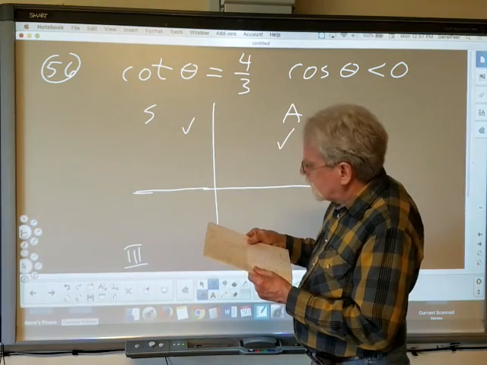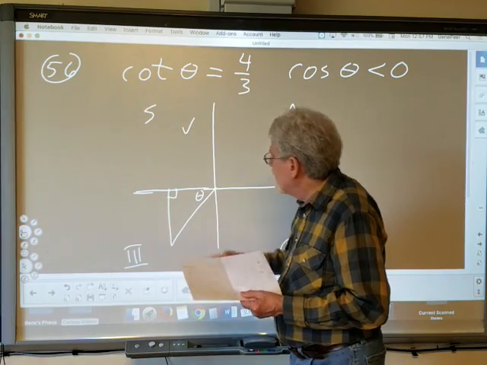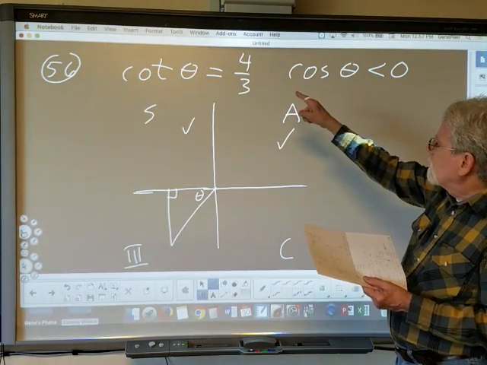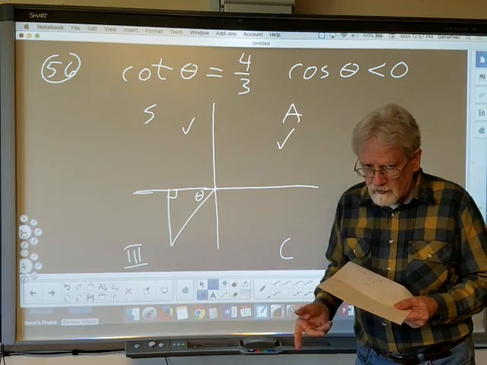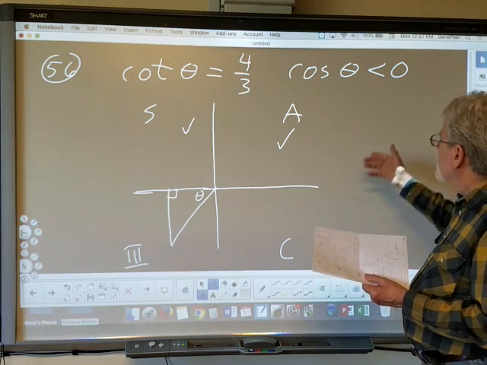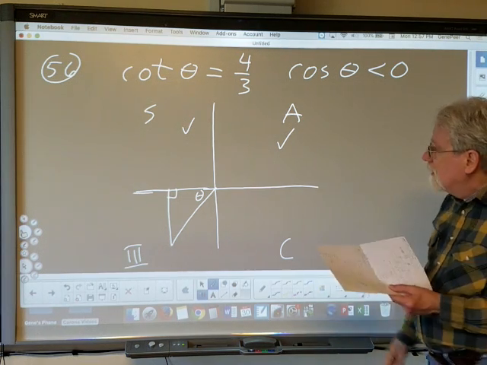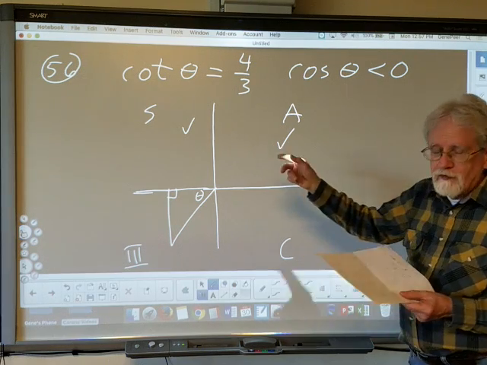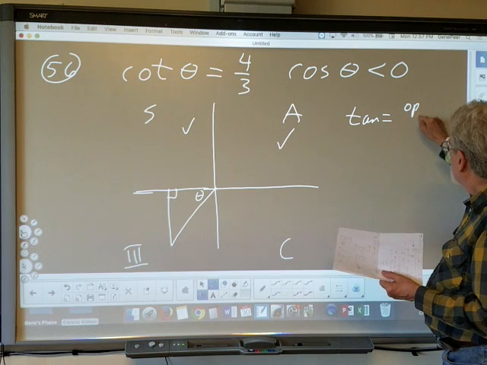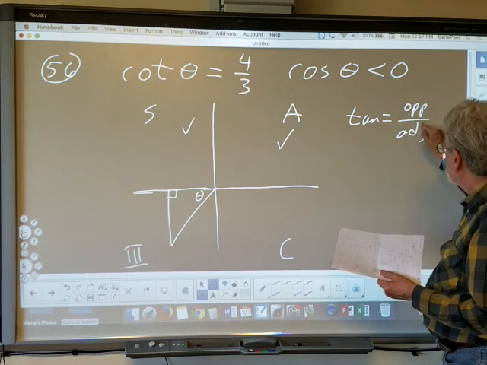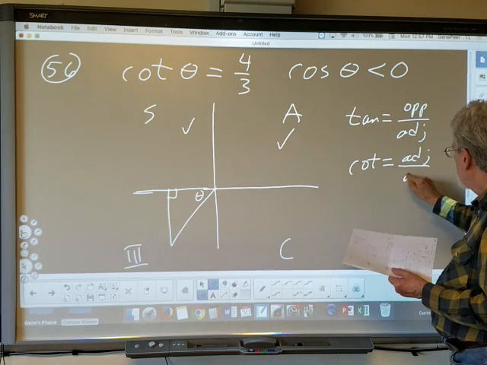So knowing that, this is number 56. Draw our little triangle. There's our theta. We know cotangent is 4/3. So cotangent, the reciprocal of tangent. Tangent is adjacent over hypotenuse. No, it's not. Tangent is opposite over adjacent. If tangent is opposite over adjacent, then cotangent must be adjacent over opposite.